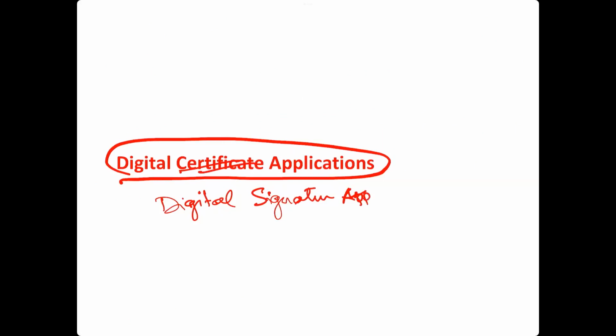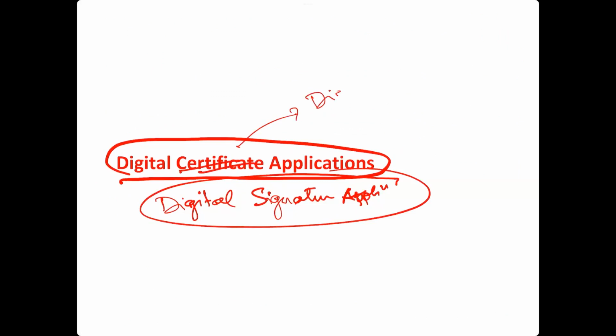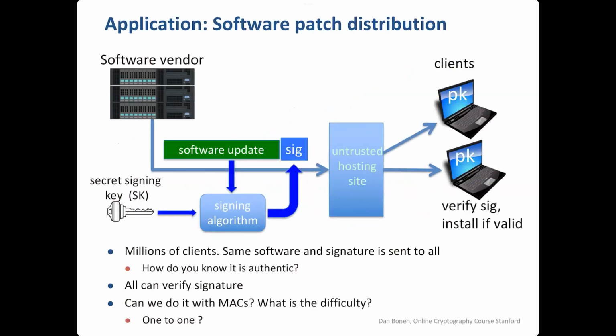Not digital certificate applications, right? So one application of digital signature was, of course, digital certificates, because the certificate issued by a CA is nothing but based on the digital signature of the CA. So one application we have already seen.